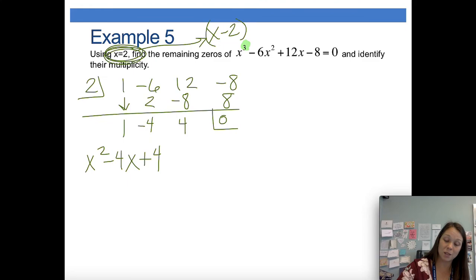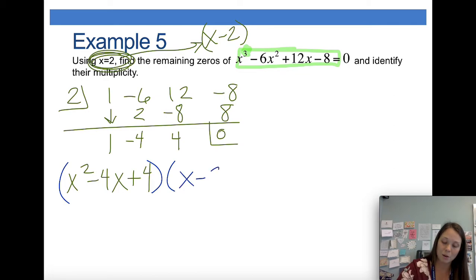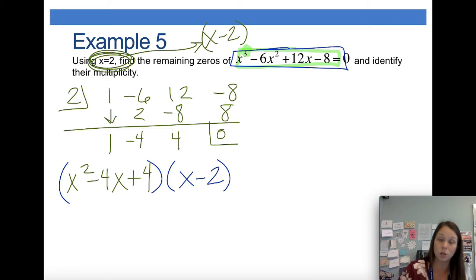So that means if I divided this cubic by x minus 2 and I got x squared minus 4x plus 4, and I take the x squared minus 4x plus 4 and multiply it by x minus 2, that gets me the original x cubed minus 6x squared plus 12x minus 8, in the same way that 2 times 5 would give me 10.